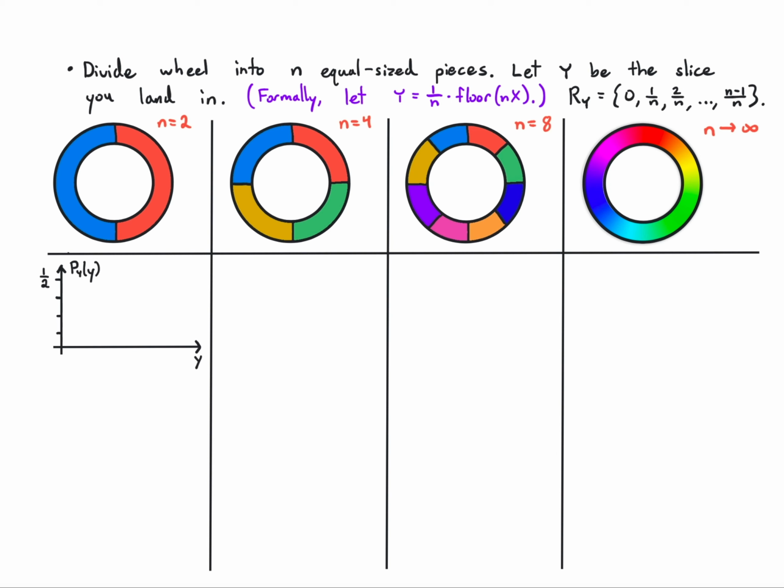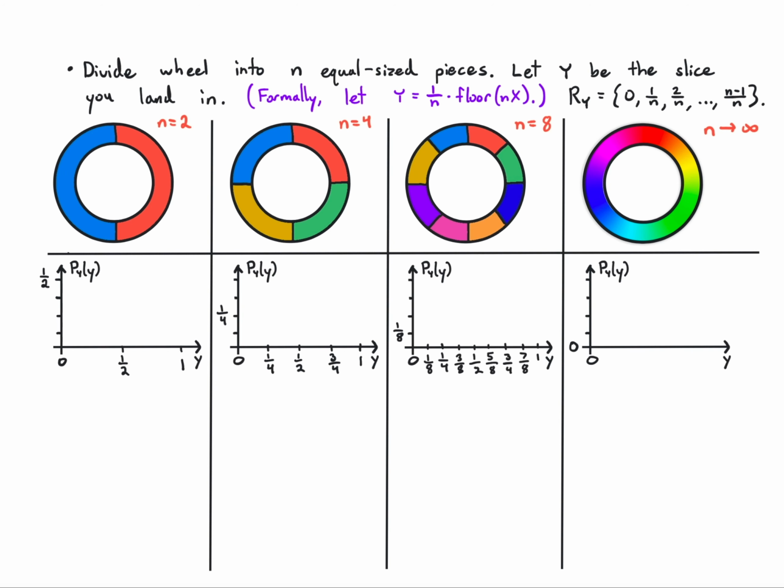For this first n equals 2, I have 2 pieces and they're equally likely. So it makes sense to just say that they're going to be probability 1/2 each. The probability of landing in the first half is half and the second half is half. So blue is half and red is half. For the next wheel, I have 4 pieces and they're equally likely, so it makes sense to say that they're 1/4 each.